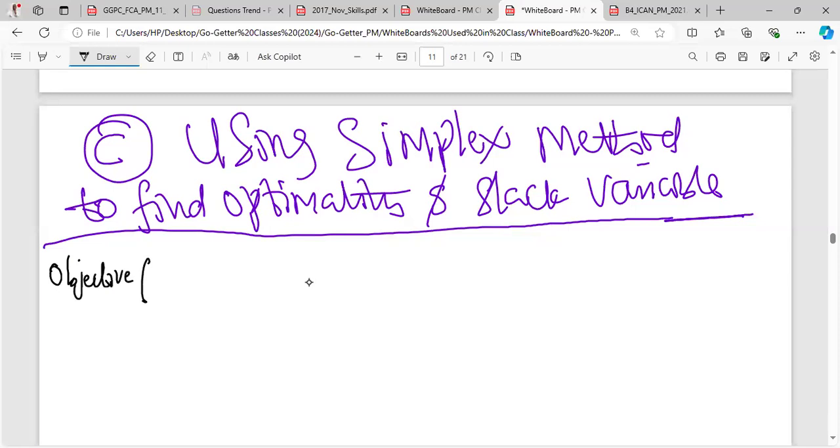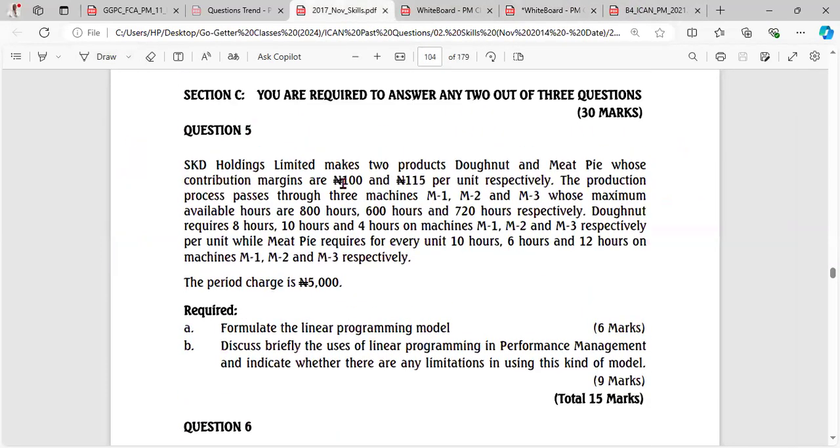And we say it is C equals to 100x plus 115y. We can remember that was what we have. We know that x and y are donut and meat pie.